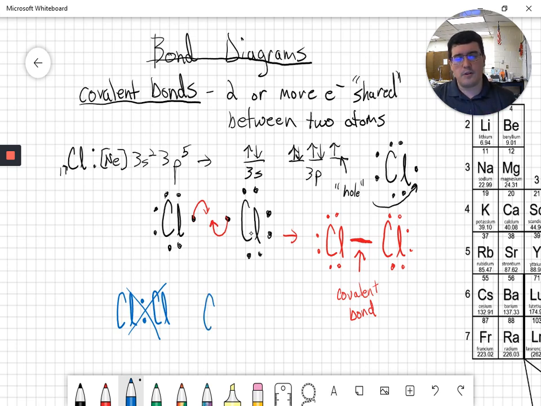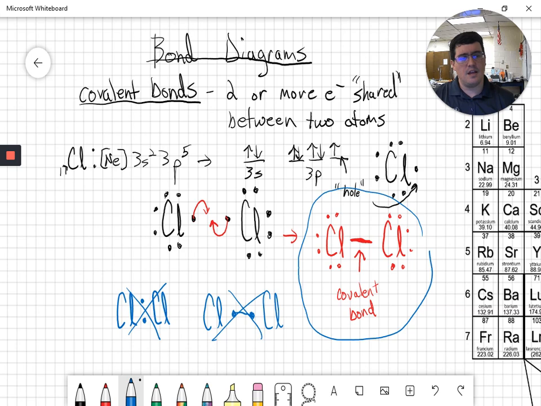I'm also not a big fan of some folks who will draw it like a barbell. It's kind of meant to show that there are 2 electrons in there. I don't like to draw that. One, it involves more work, but two, it's just kind of weird. The usual accepted procedure for drawing this is to draw it just like that, where there's a line in between those 2 and shows that they are sharing 2 electrons between them.